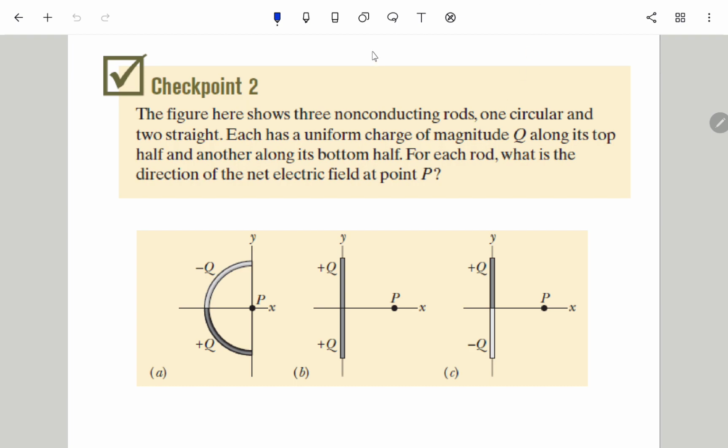Okay, so here we have a checkpoint so that you can be more familiar with how we can do the cancellation.